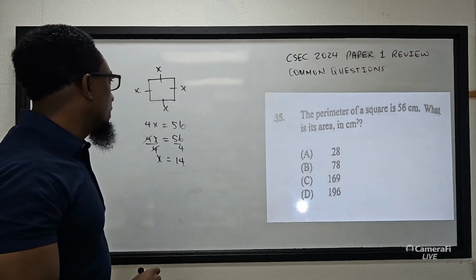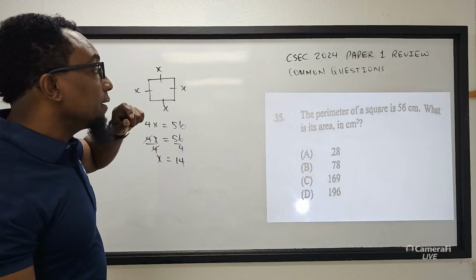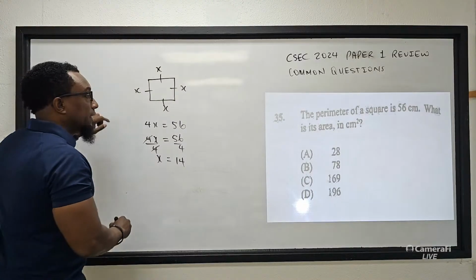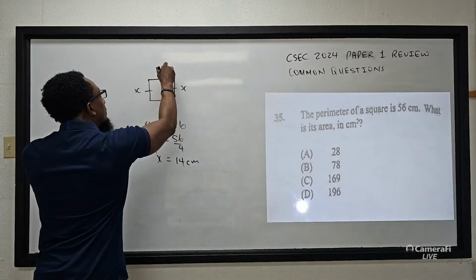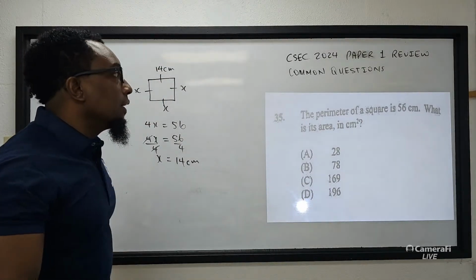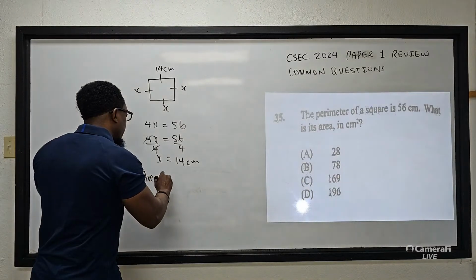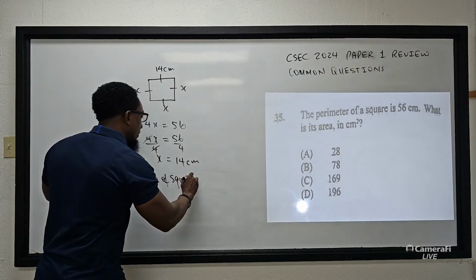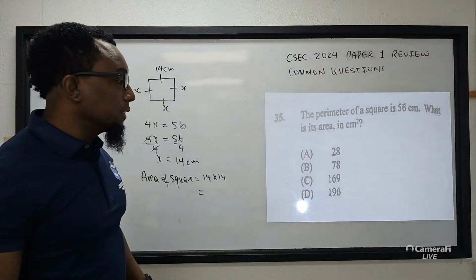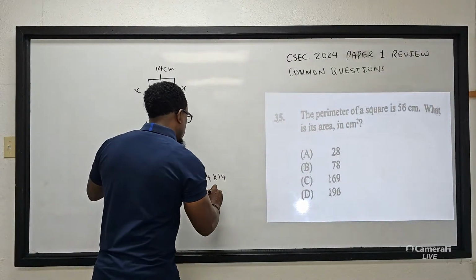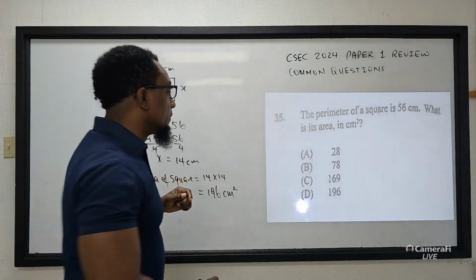Therefore each side of that square will be 14 centimeters. If we are asked to determine the area of the square, the area will be 14 by 14, which is 196 centimeters squared, which will be D.